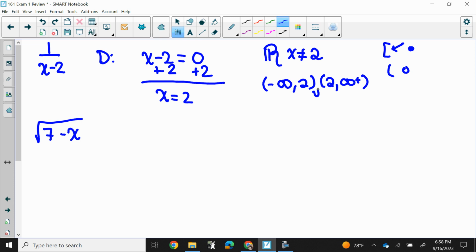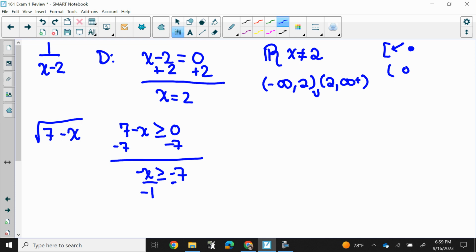Now this one, I say, okay, 7 minus x has to be greater than or equal to 0. So it can include whatever that value is, it just can't be negative. So I'm going to subtract 7, and I have negative x is greater than or equal to negative 7. And then I divide by negative 1. When you divide by a negative, remember you flip the sign.